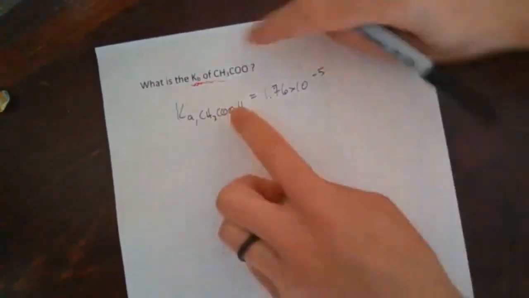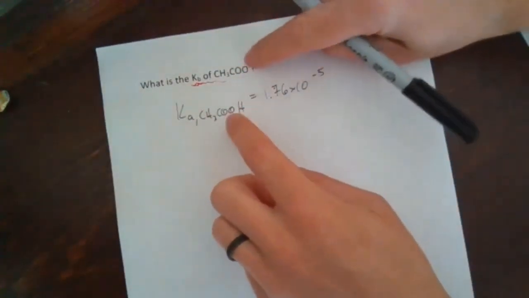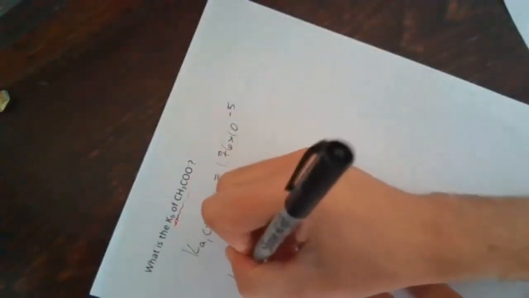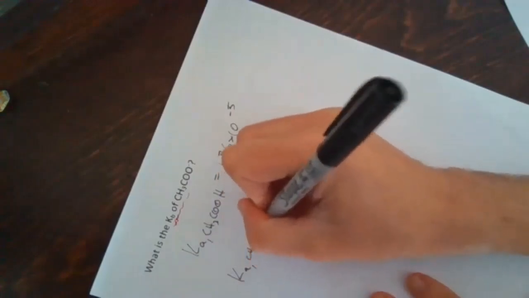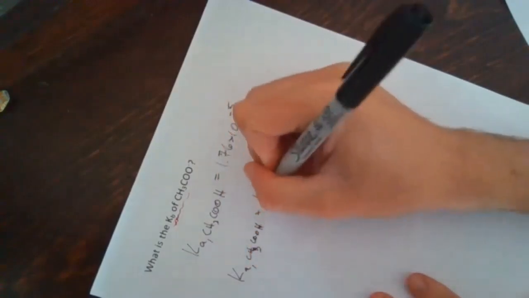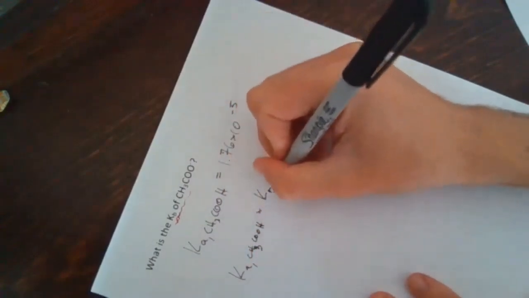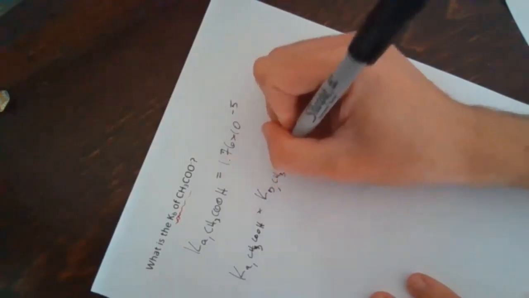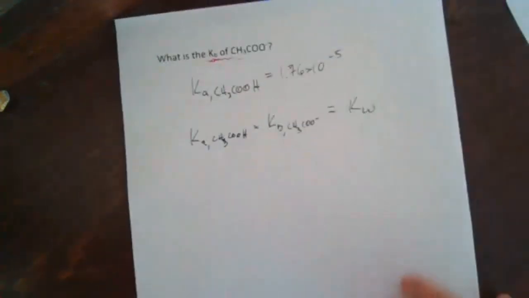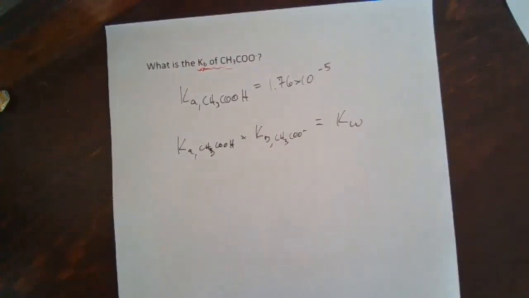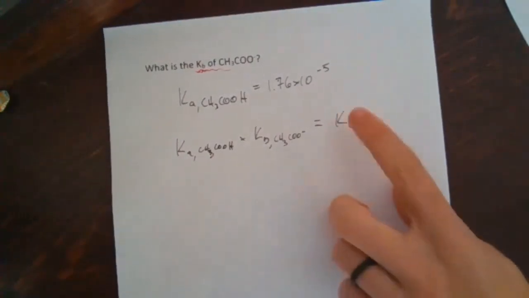And so these two things are a conjugate pair. And so what we know is that if you have a conjugate pair, the Ka of the acid in that conjugate pair times the Kb of the base in the conjugate pair, those two values combine to give you Kw, which is the equilibrium constant for water.